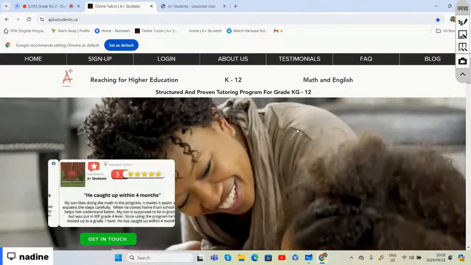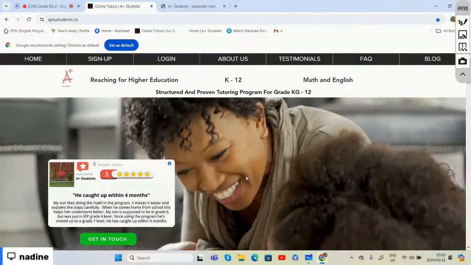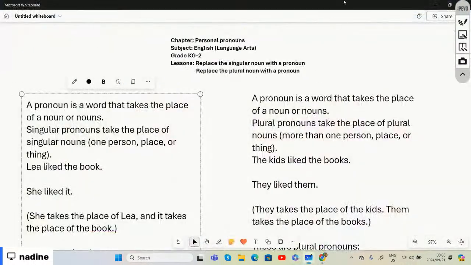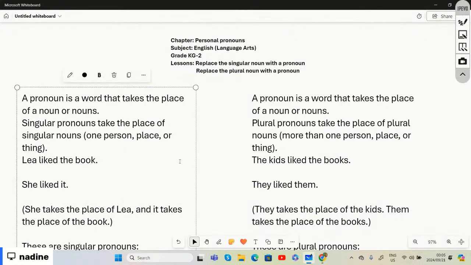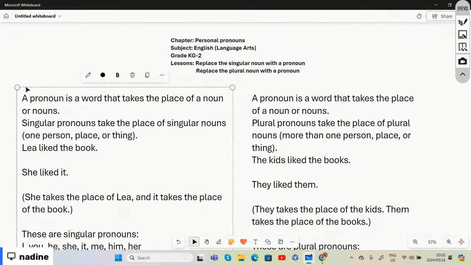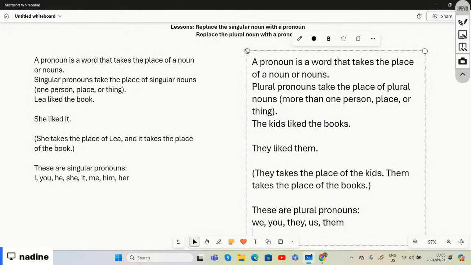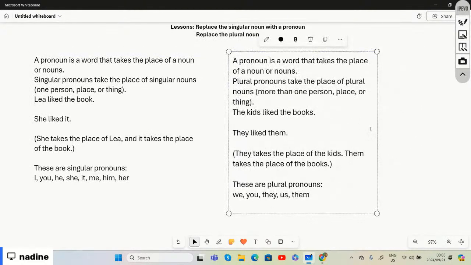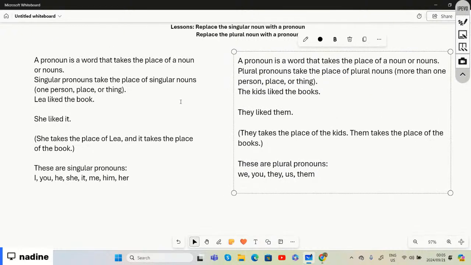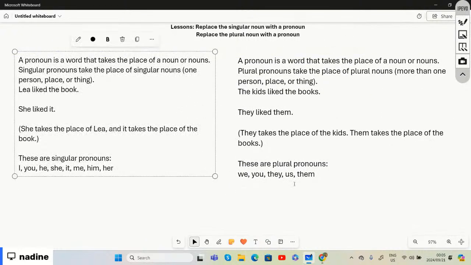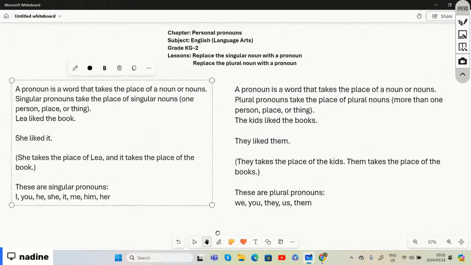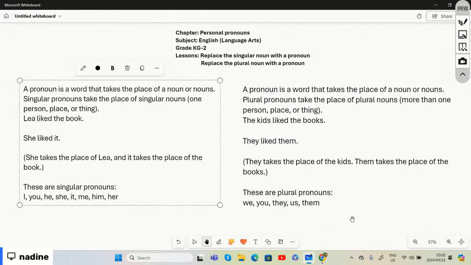All right. So our chapter is personal pronouns.